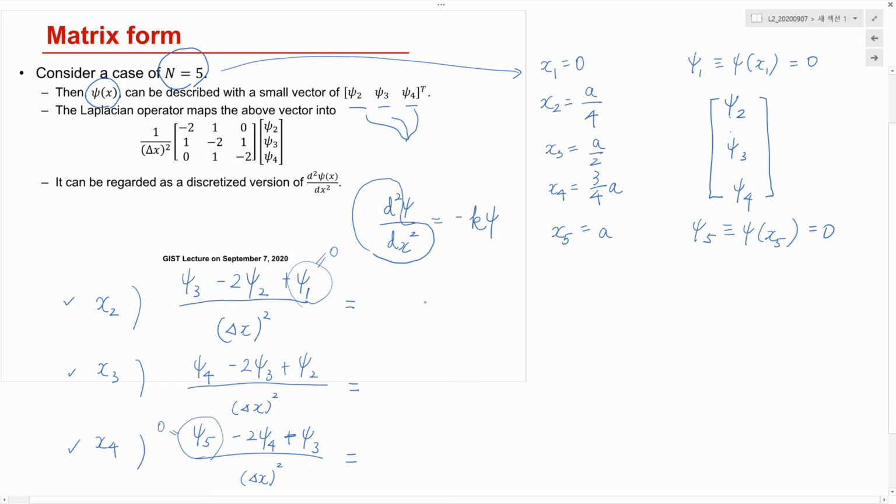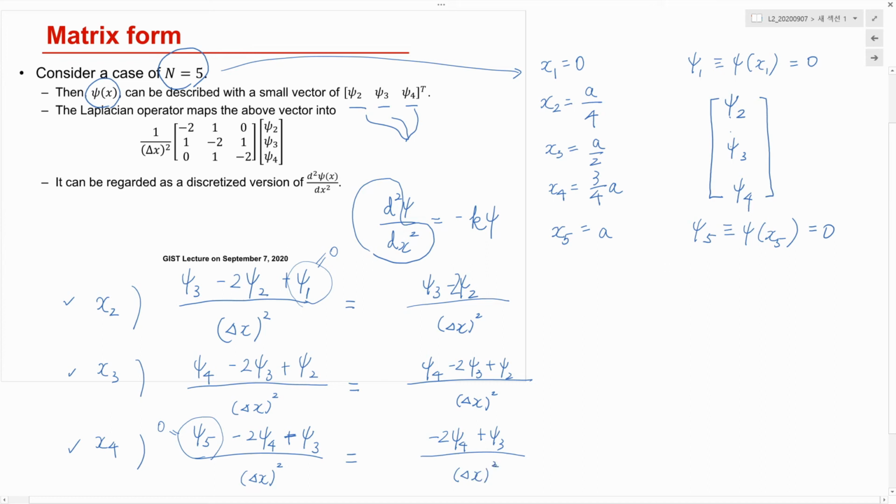So in more simplified form, then we have common factors here, and psi 3 minus 2 times psi 2, and this is the same as before, psi 4 minus 2 times psi 3 plus psi 2, yes, and eventually we have minus 2 times psi 4 plus psi 3, over delta x squared.